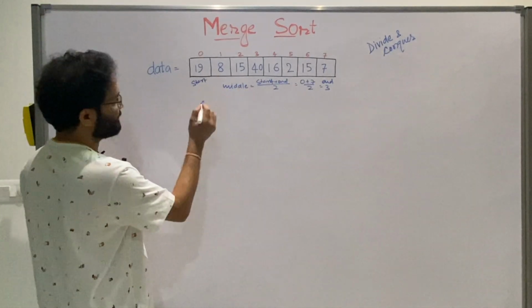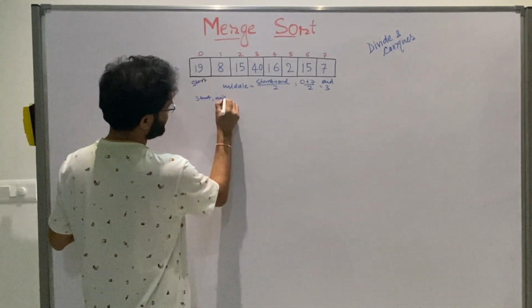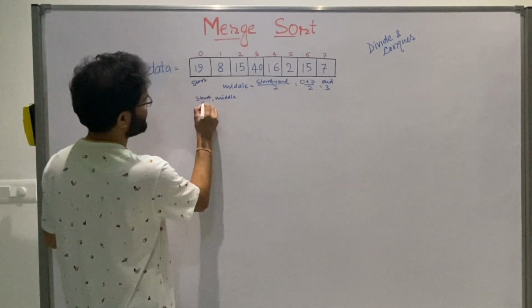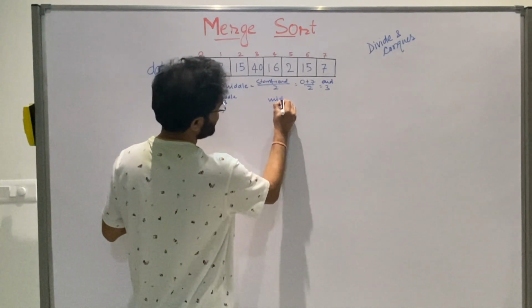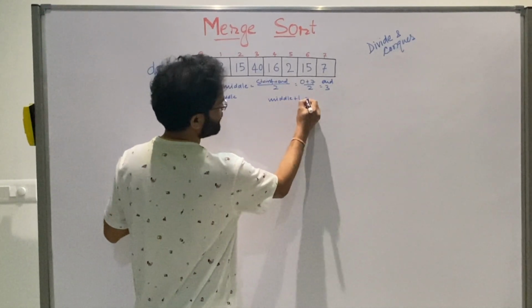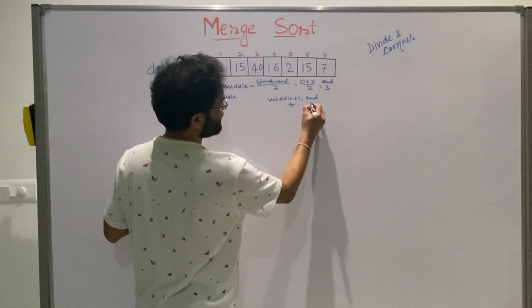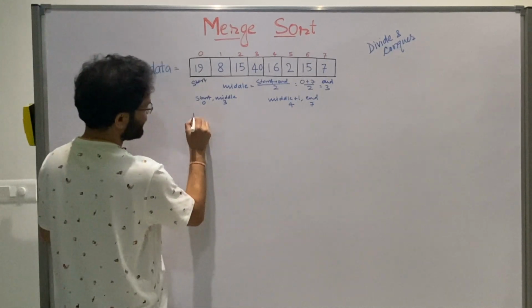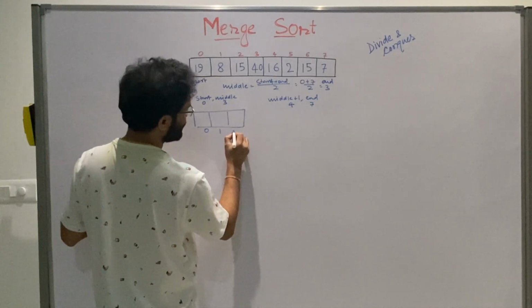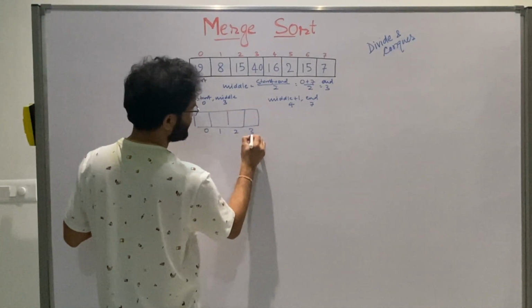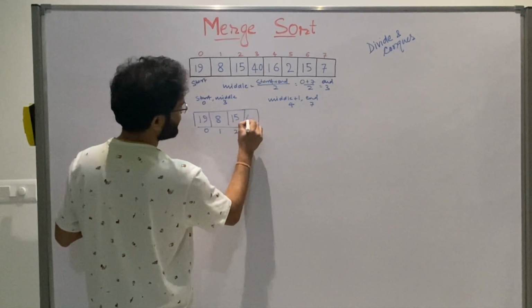Then the first array would be from start to middle. Start is 0 and middle is 3. The other array would be middle plus 1 to end. Middle plus 1, 3 plus 1, is 4, and end is 7. So one array would be indexes 0, 1, 2 and 3, which is 19, 8, 15 and 40.